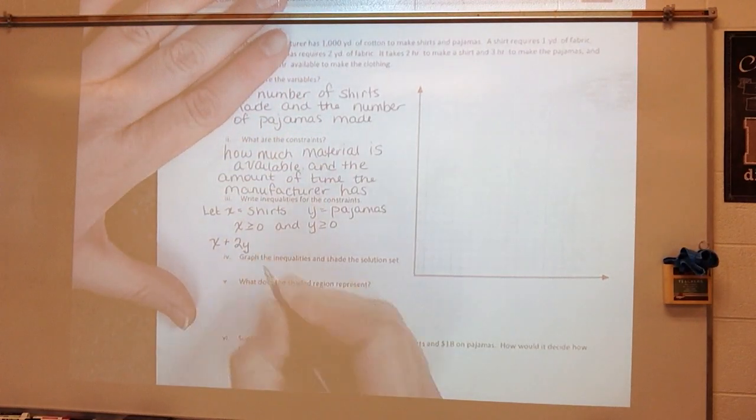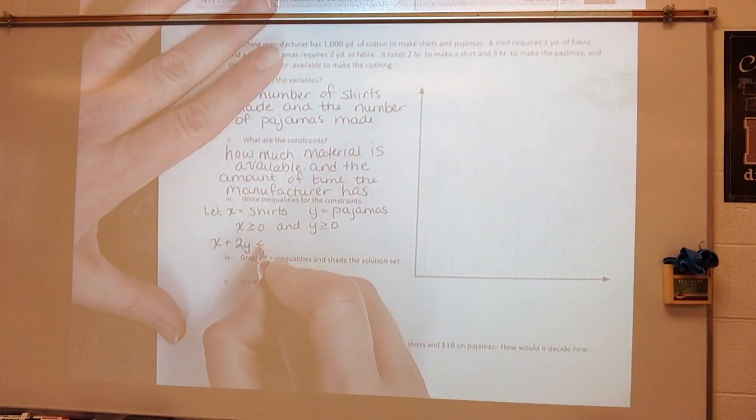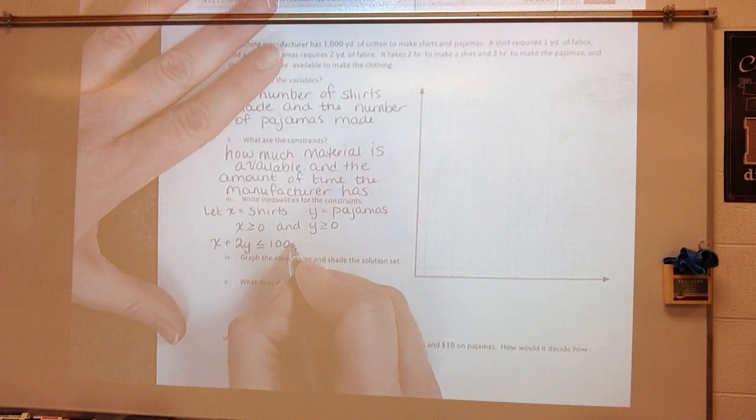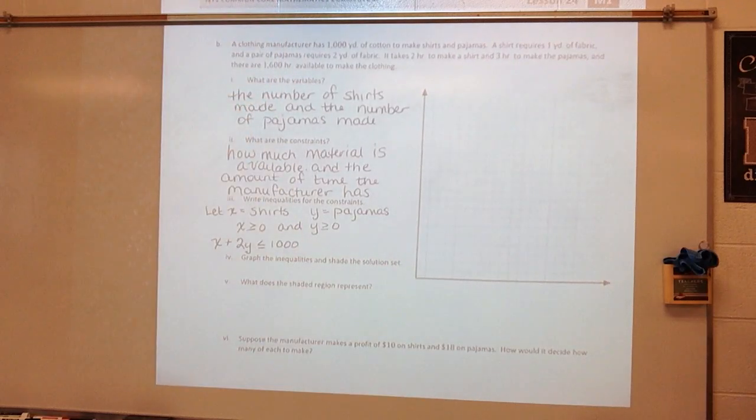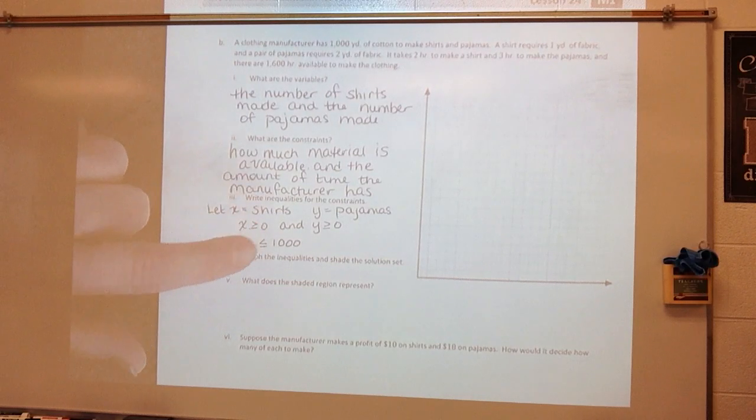So 2y. And there's only 1,000 yards of material. So it has to be less than or equal to 1,000. Alright? So 1 yard of fabric for the shirt, 2 yards of fabric per pair of pajamas, and that has to be less than or equal to 1,000 because I only have 1,000 yards of fabric.